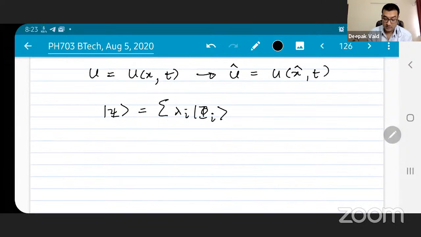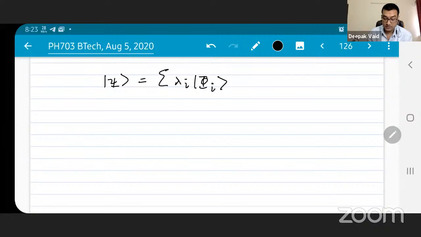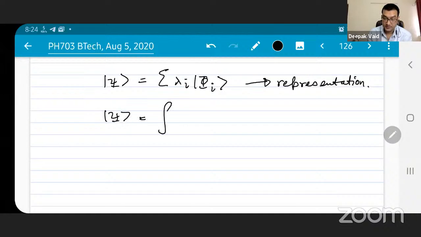There is some particular choice of representation that we make, and that is the choice of the basis. One particular choice is called the momentum representation. Sorry, the position representation. This is the position representation.